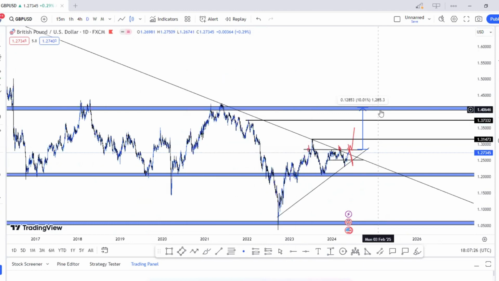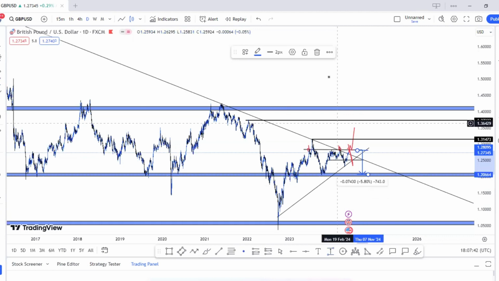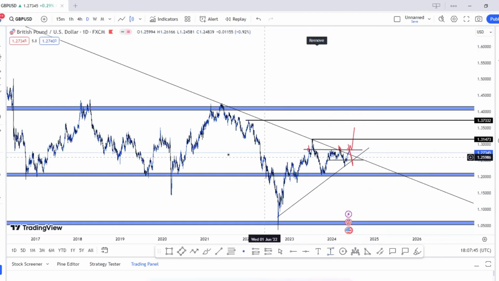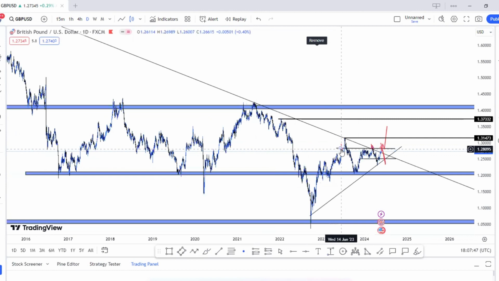But in case this does not hold, we'll be looking to short GBPUSD down from here back to this point. Downward, it's giving let's say 750 pips. But we react based on what price does.